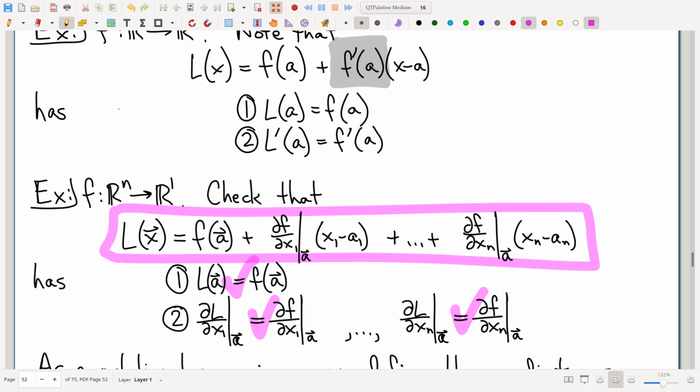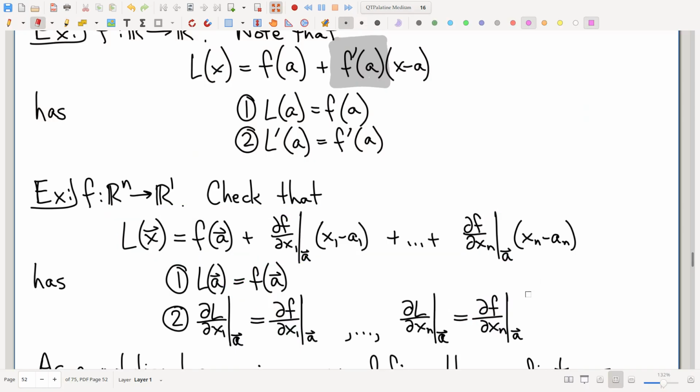And let me make another quick notational reference. This notation here is a variant of this notation here.